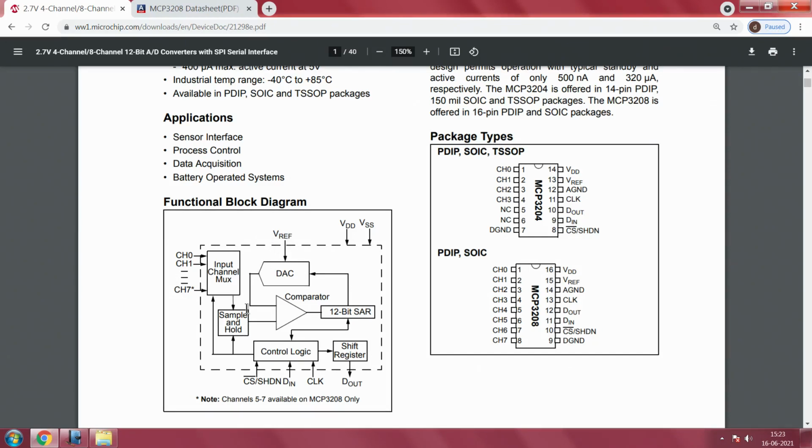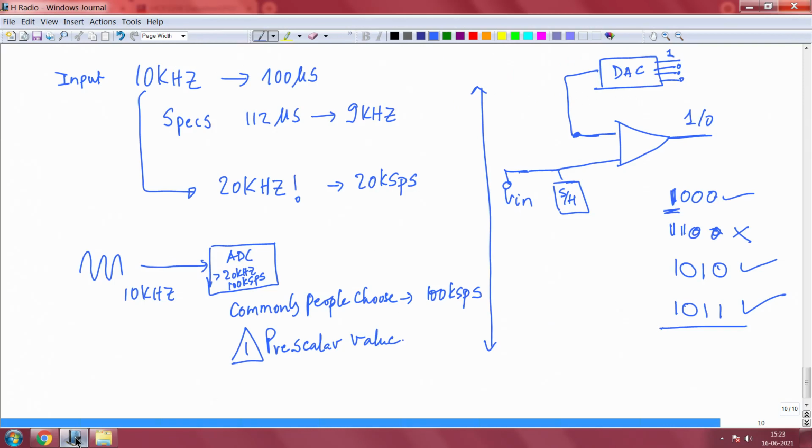In other words, let me put back this picture if this is confusing. If this is Vref here, okay, let me shift it a little bit. If this is 5 volts, this will be what? 1 0 0 0. Try and tell me where exactly this 1 0 0 0 comes.